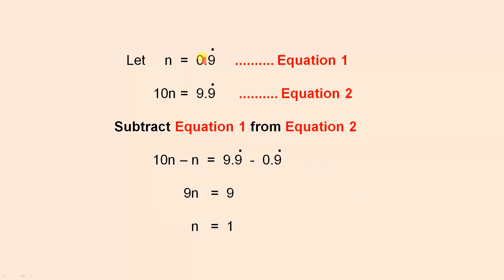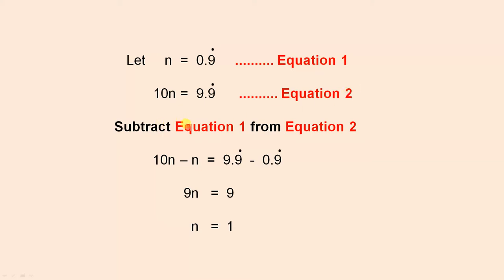If you let n equal 0.9 recurring, and we call that equation 1, if we multiply both sides by 10, we get 10n equals 9.9 recurring. So there's equation 1 and there's equation 2.